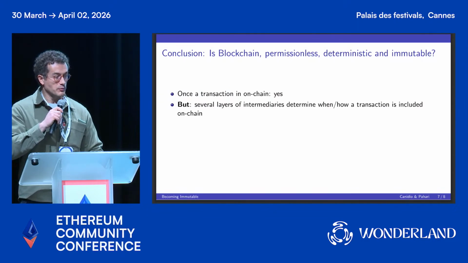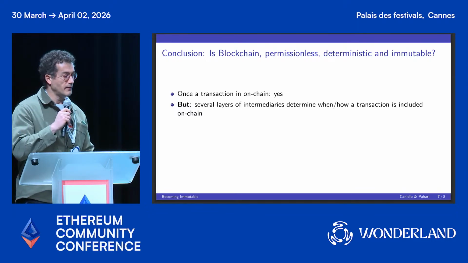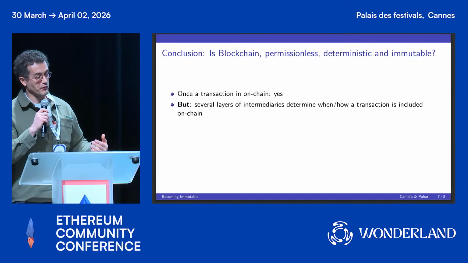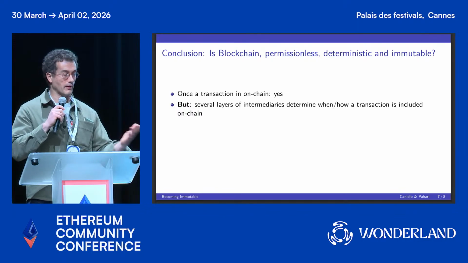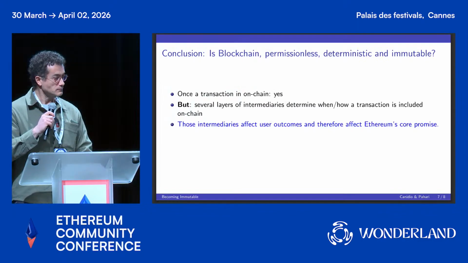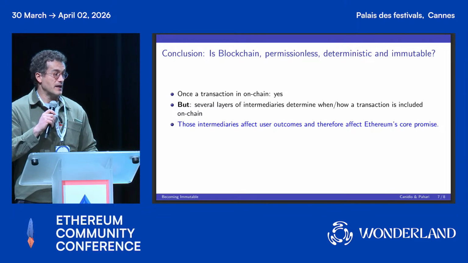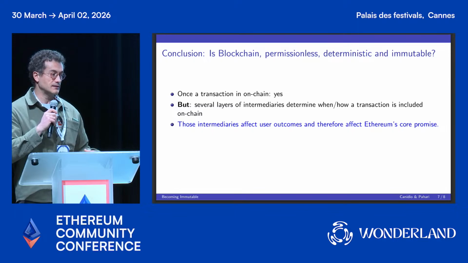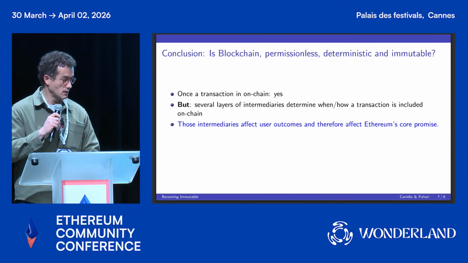But from the user's point of view, there are all these intermediaries that determine what their experience is. So from their point of view, it might not really feel like the blockchain is immutable or deterministic. In effect, they may end up undoing completely the Ethereum protocol's core promises.